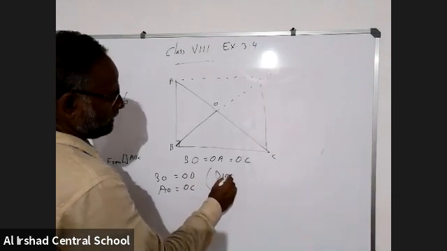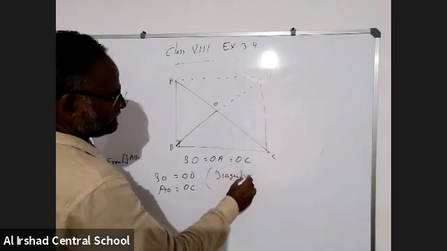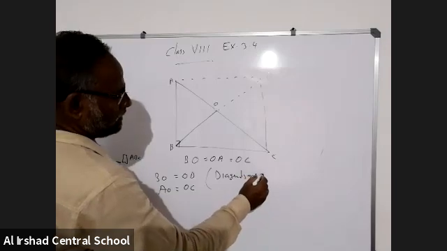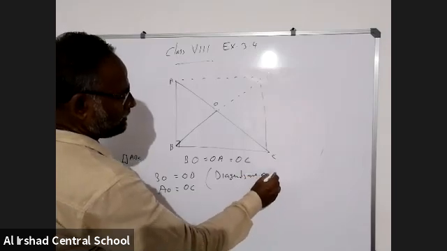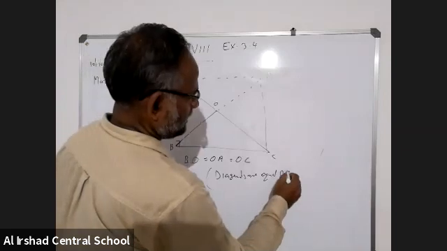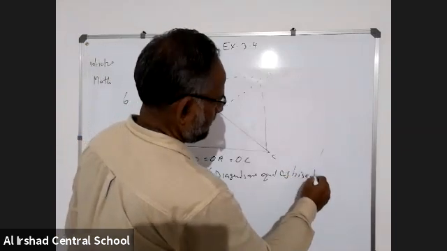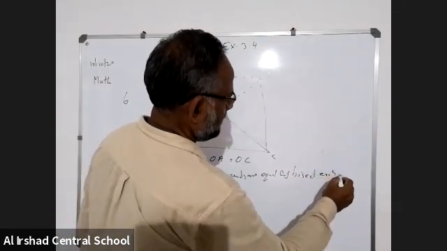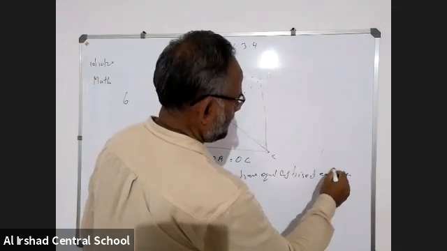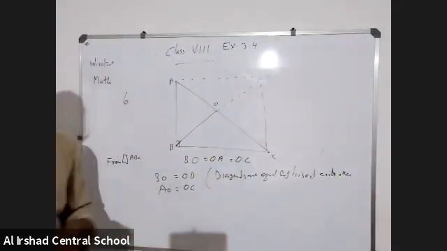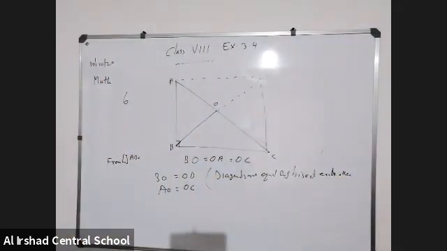Diagonals are equal. Diagonals are equal and bisect each other.